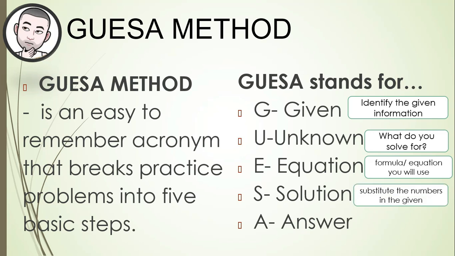For the solution, you simply substitute the numbers from the given, then proceed with the operation. For the answer, after your computation, you just write the answer, and please don't forget to write also the unit for the variable that you're trying to solve.